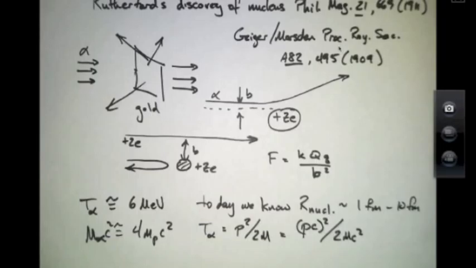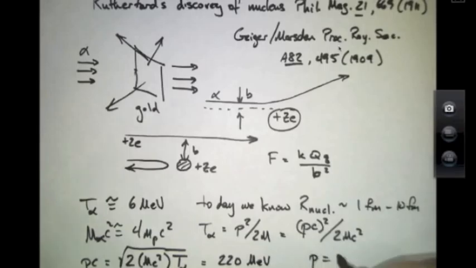And in this way, I can obtain that the momentum times c of the alpha particle is the square root of 2 times its mass energy times its kinetic energy, where the mass energy is about 4 proton masses, or 4 GeV, and the kinetic energy is about 6 MeV. In rough terms, this comes out to be about 220 MeV.